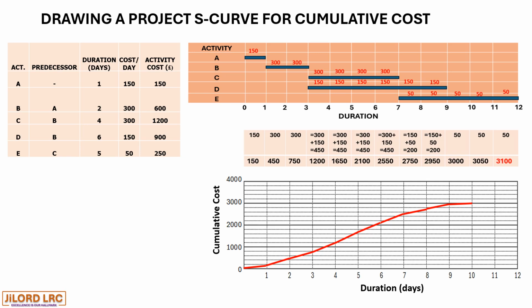For day 11, we have a cumulative cost of 3,050, and that is also marked on the graph. And the total cumulative cost of 3,100 is what we have as our final mark on the graph.